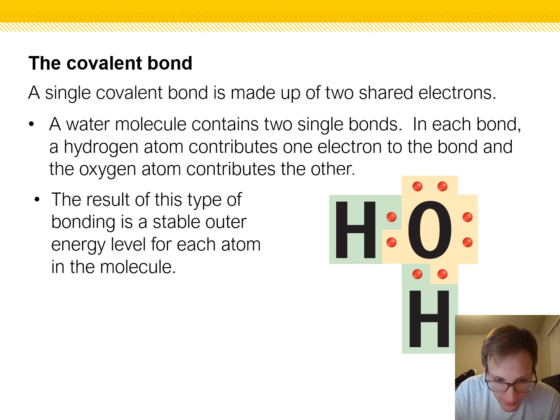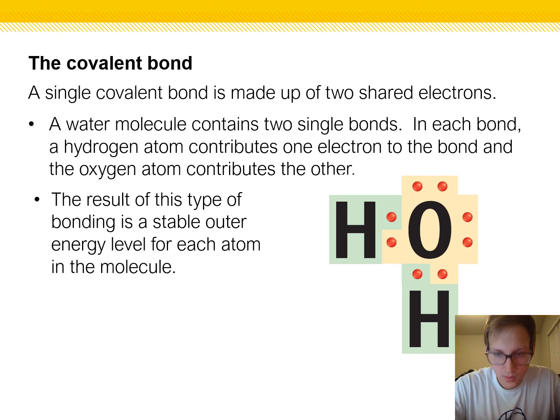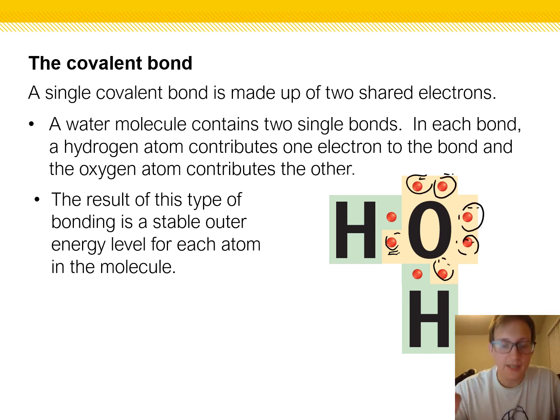Let me see if I can find a pen that I can actually use. Okay, so right there, I'm just going to circle them. Oxygen has 1, 2, 3, 4, 5, 6. Okay, 6 valence electrons, so it wants to get to 8.